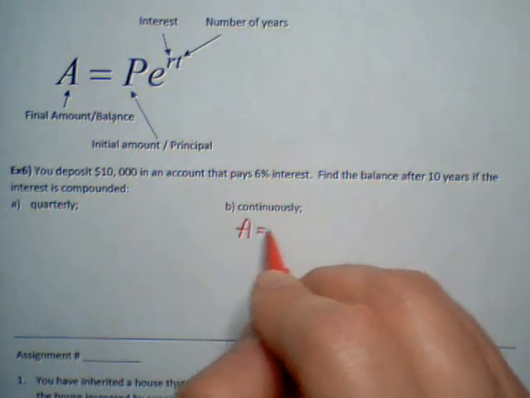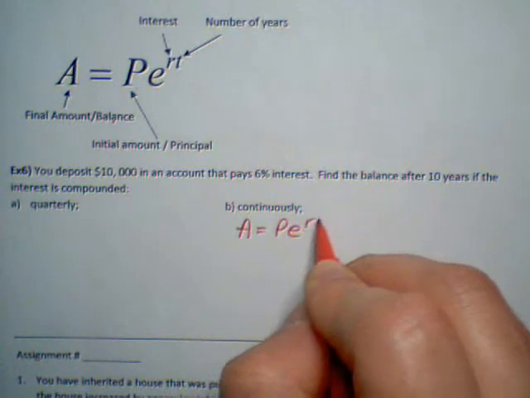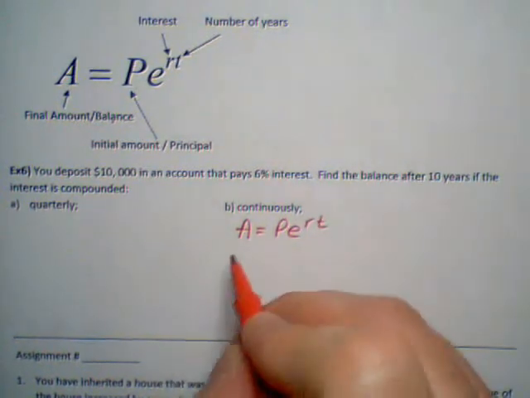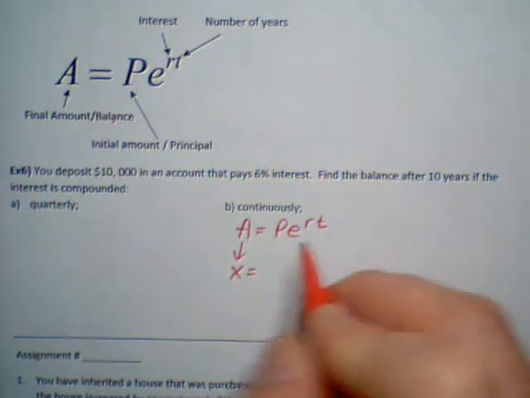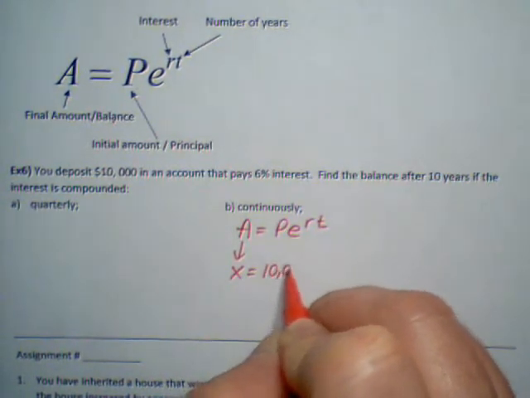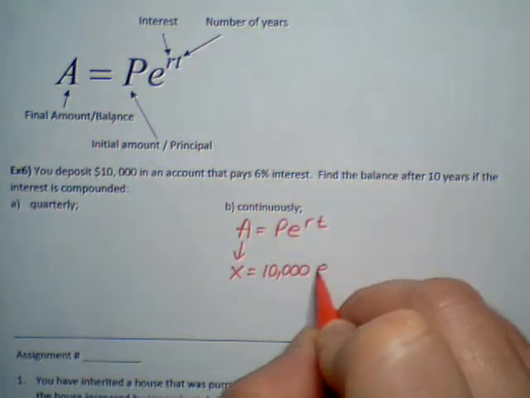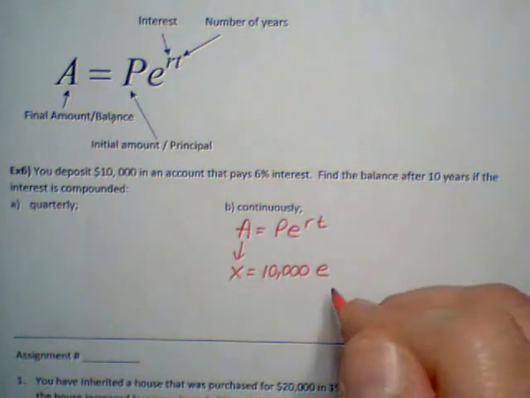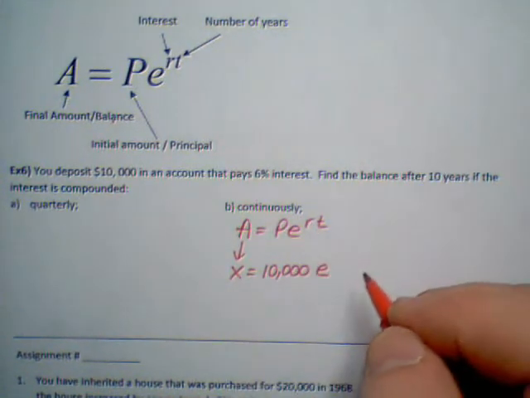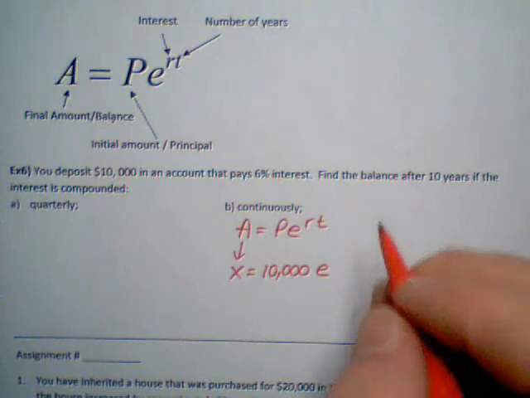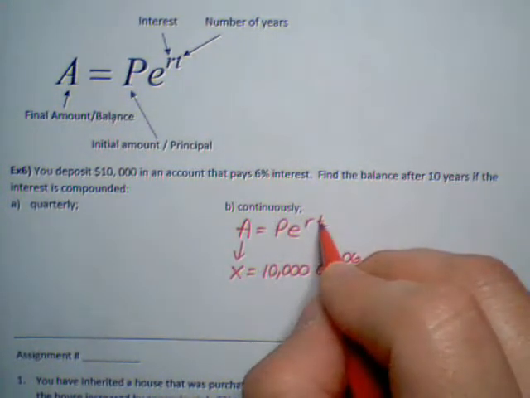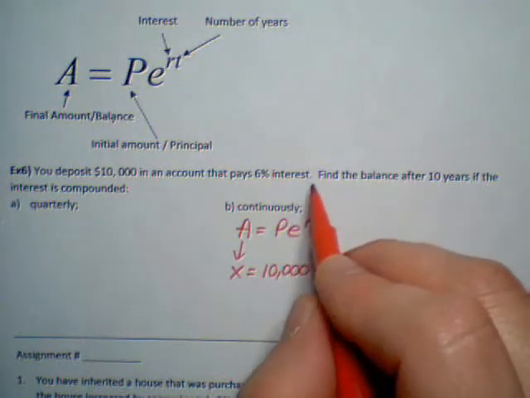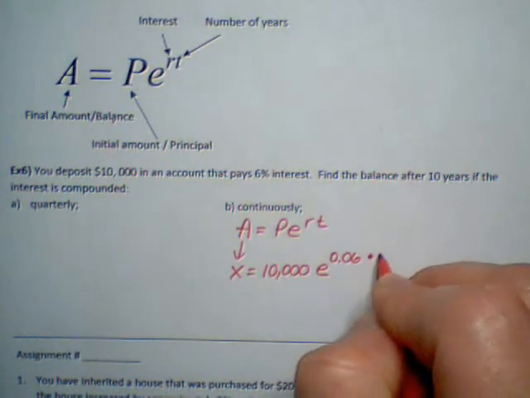So we know our formula. We'll write it down. We want to remember. Okay. Final balance, that's what we're looking for. The principal, how much money we put in, $10,000. e is a constant, so we'll just write e. The interest rate is 6%, so 0.06, and then times the years, which will be 10.